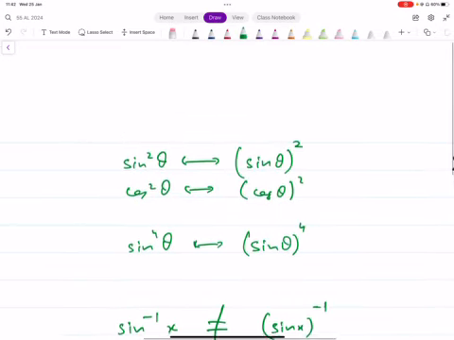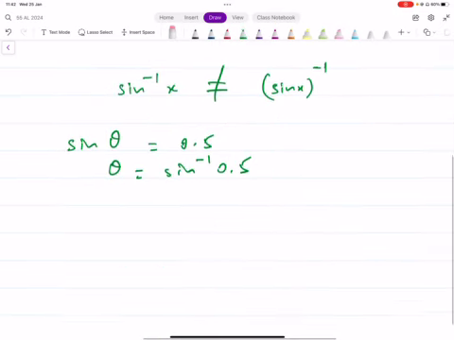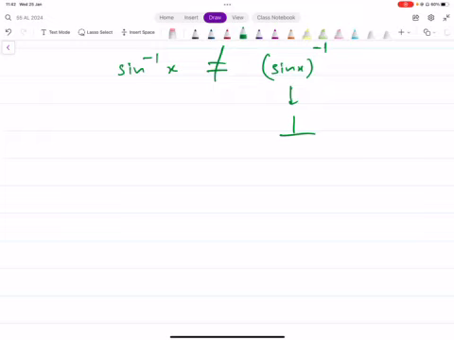The short form we use for positive powers, we can't do with -1. Sine inverse is a separate function. Sine of x whole raised to power -1 would actually be 1 over sine x, and that's different from sine inverse of x. These are two different functions.